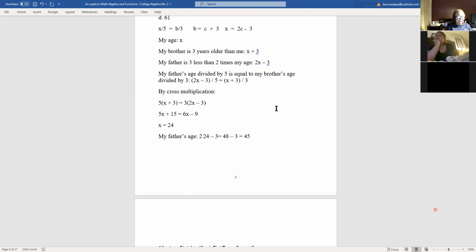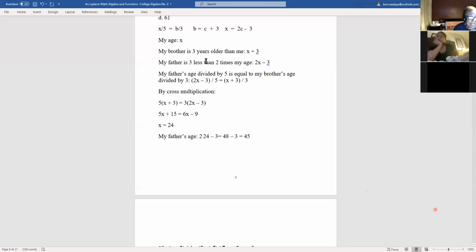So your father's age is 2 times 24, your age x, minus 3, because your father's age is 3 less than 2 times your age. 2 times 24 minus 3 gives your father's age as 45. I think you're going to have to look at this one a bit. When you say your brother is 3 years older than me, you understand that's your age x plus 3, right?